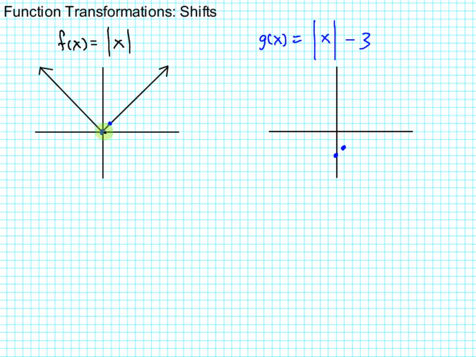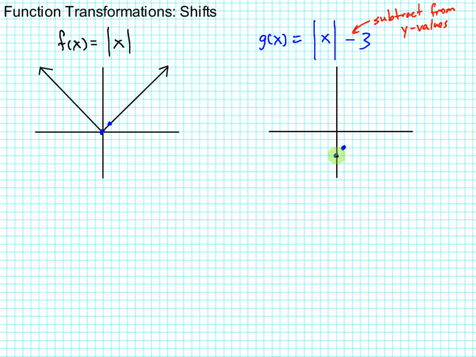And so you can start to see that every y value over here in this blue graph for the function g should be 3 less than every y value over here. So this minus 3 is very literal. Subtract 3 from y values. Okay? So that has the effect of shifting the whole graph down by 3.